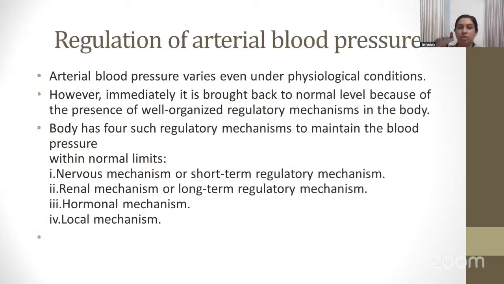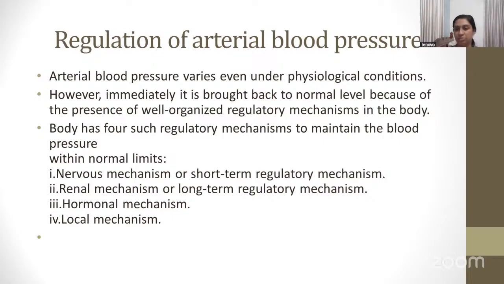Okay. Now, what are the things that are regulating the arterial blood pressure? Even under normal physiological conditions, BP varies. You have heard about white coat hypertension. That is when the doctor is trying to check the BP of the hypertensive person. In normal conditions, due to some fear or physiological response, BP may be raised. So we have to measure BP after some 15 minutes, allowing the person to relax.